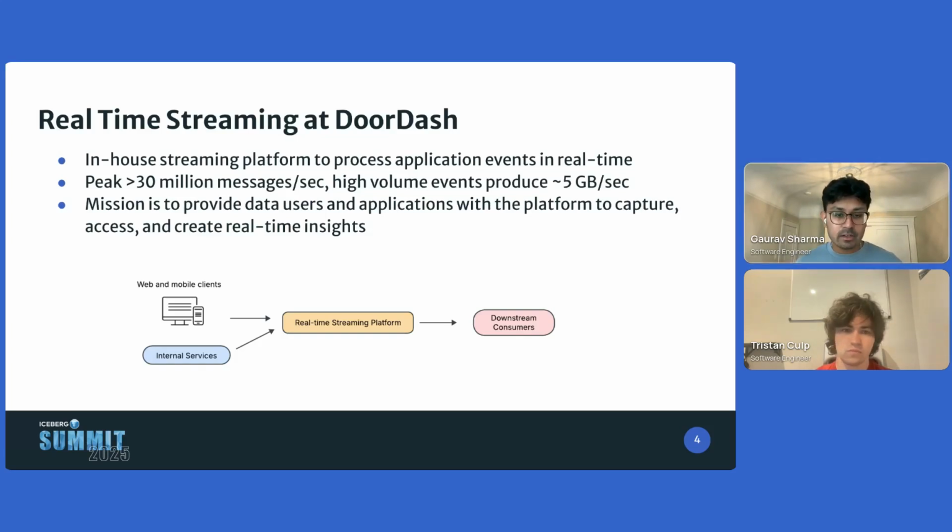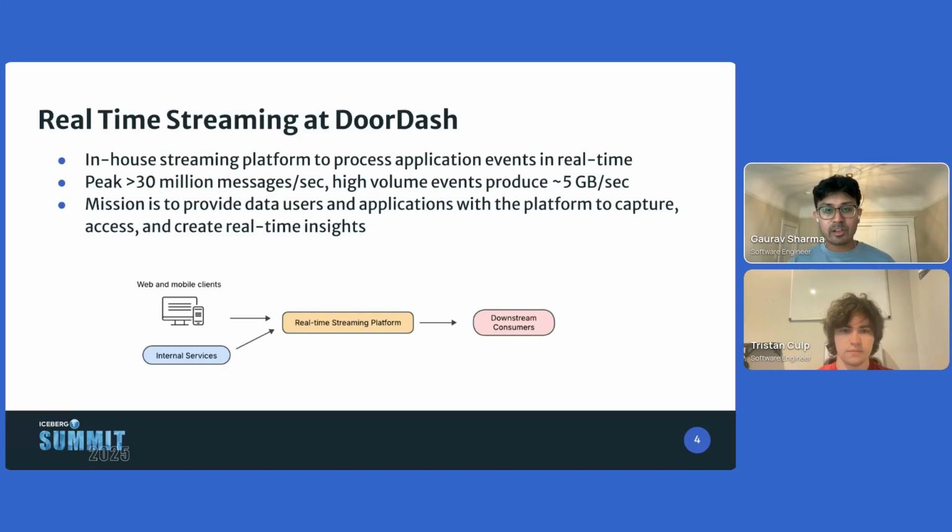Each of these events has a unique downstream table in our data lake or data warehouse. The streaming platform essentially processes each unique event that comes in and writes the data to its respective table in the downstream data lake or data warehouse table. This data is then available for our downstream consumers to use for any of their use cases.